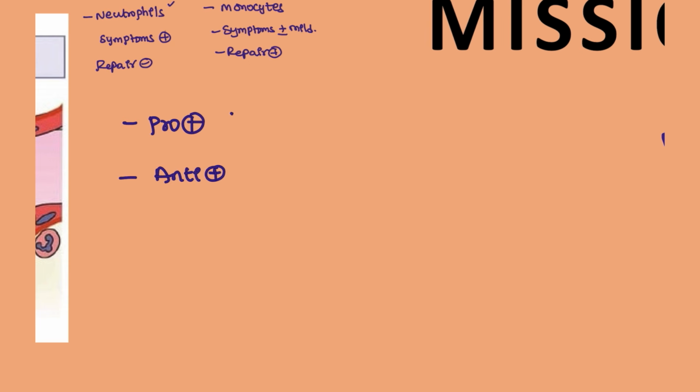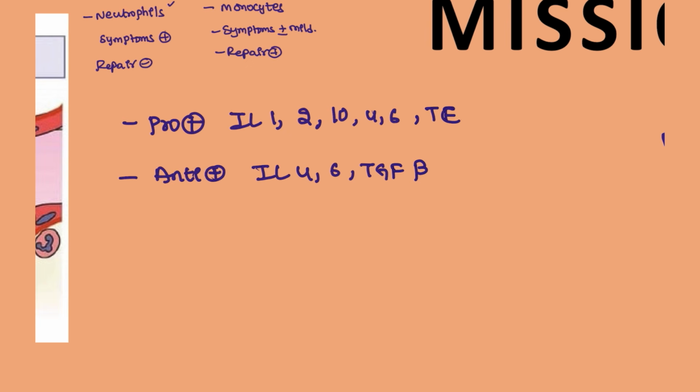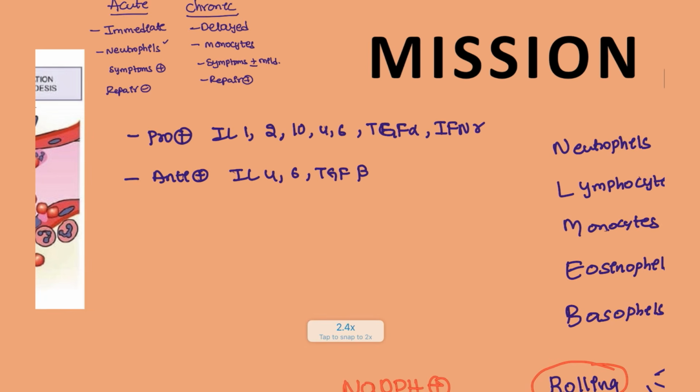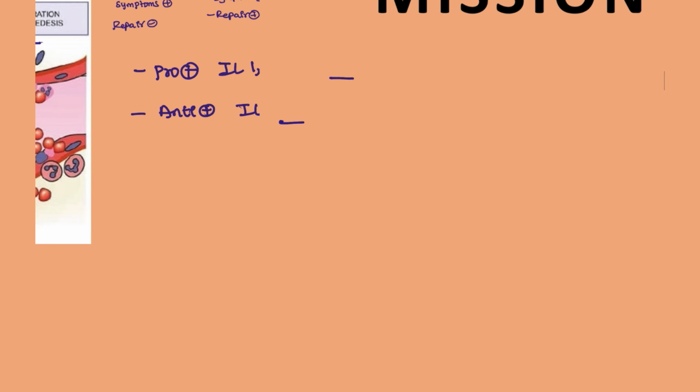The promotion will be done by interleukin 1, interleukin 2, even interleukin 4 and 6. Next, anti-inflammatory are interleukin 10 and TGF beta, and also interferon gamma. These are the common ones. And if you observe, interleukin 4 and 6 are both active. They are pro and they are also going to be the anti.